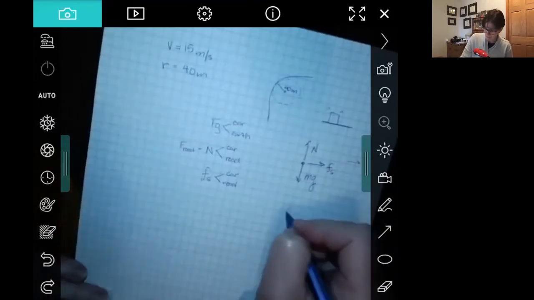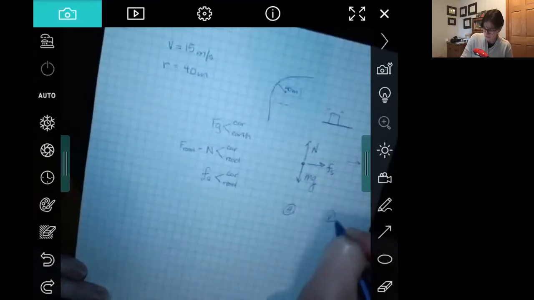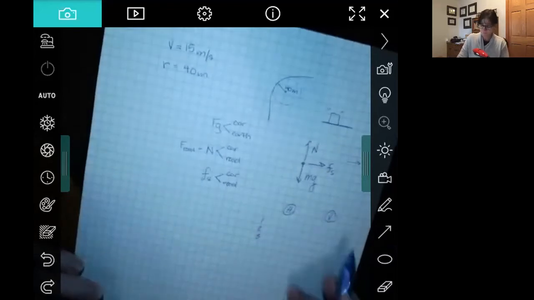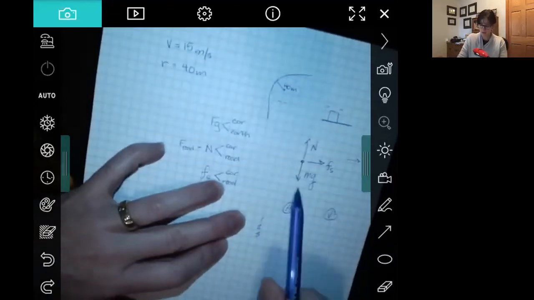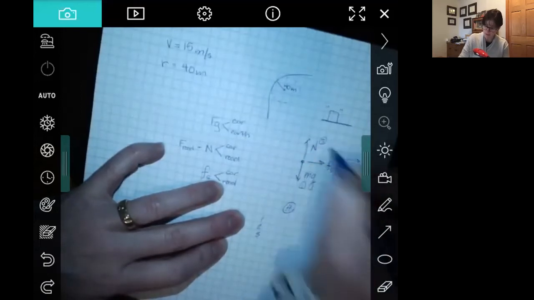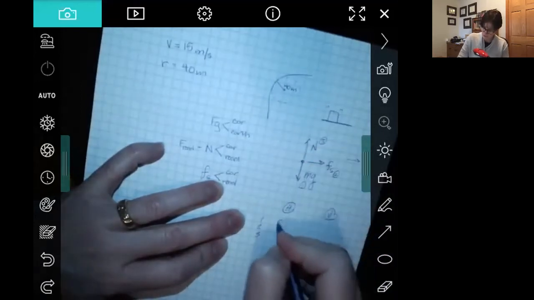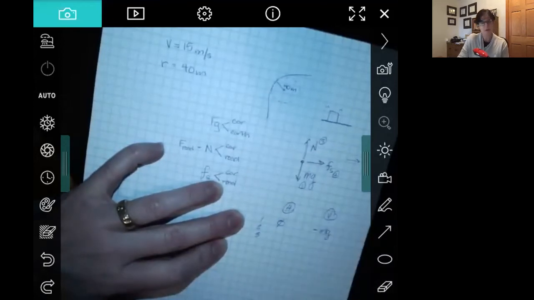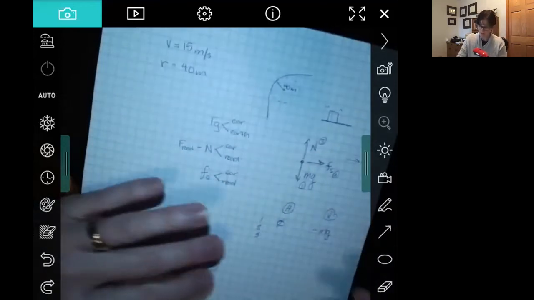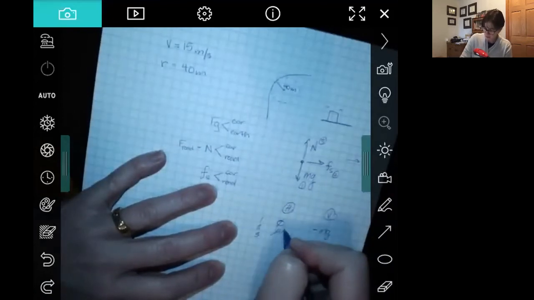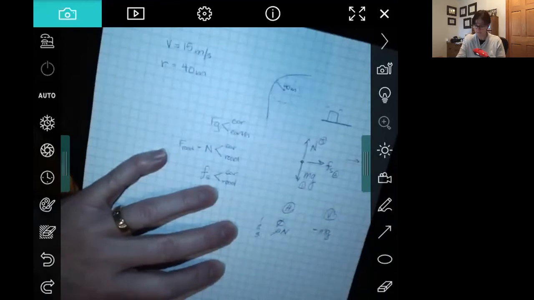Remember, in uniform circular motion, the acceleration is towards the center. And so we will separate our forces into horizontal and vertical components. The horizontal, we'll number them 1, 2, and 3. For the force of gravity, we don't have anything horizontal. Its magnitude is mg, and it's pointing down, so we put that negative in. For force number 2, we know that the frictional force is mu times n.